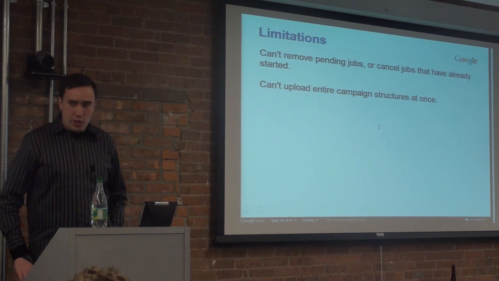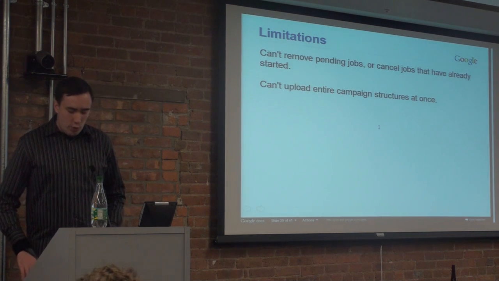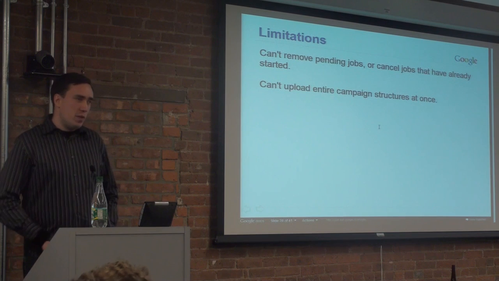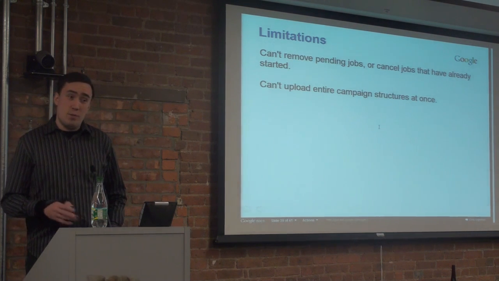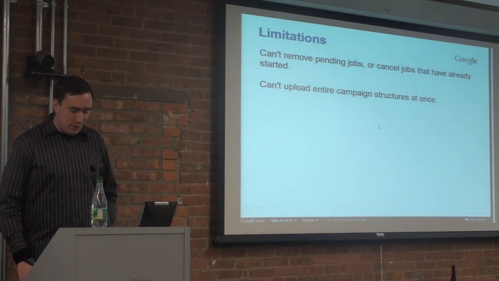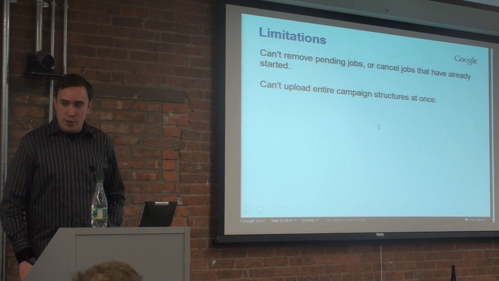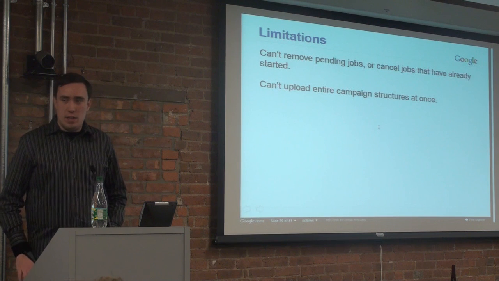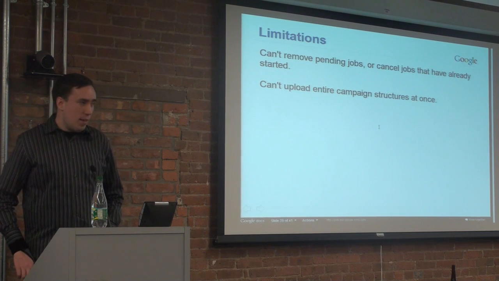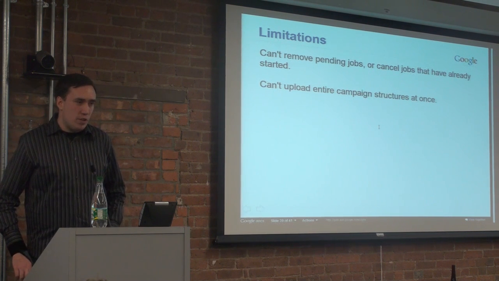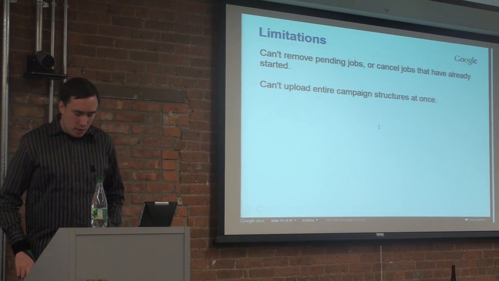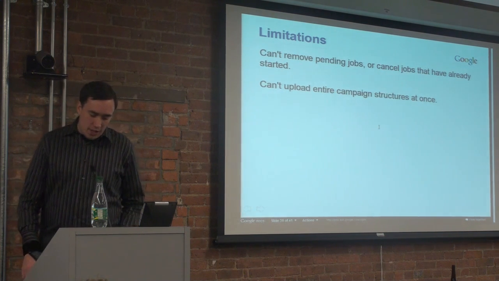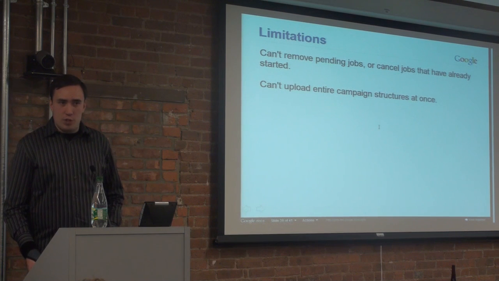The other thing I touched on earlier is that there's currently no functionality to remove a pending job. So if you've somehow uploaded 2 parts and then you decide you want to stop for whatever reason, there's currently not the ability to remove that job from your queue. And you can't cancel a job that's already run. I think they understand people are interested in that, and they're going to look into it. And then the other one here is that you can't upload an entire campaign structure at once right now.